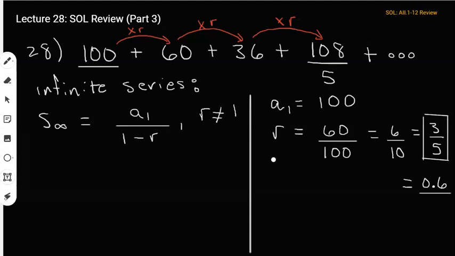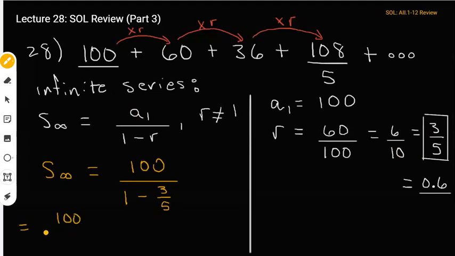Now we got both of the numbers that we can put into this formula. So let's go ahead and try it. We have S infinity is equal to a 1 at the top. That's going to be 100. And then in the denominator of the fraction, we've got 1 minus R. Well, what is R? That's going to be 3/5, right? So the 100 isn't going to change at the top, but the denominator will. What's 1 minus 3/5?